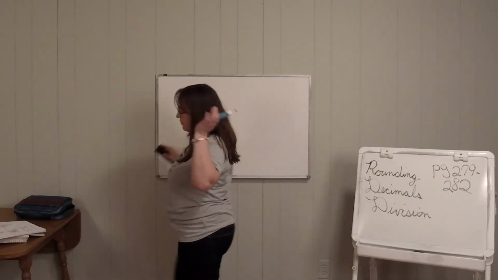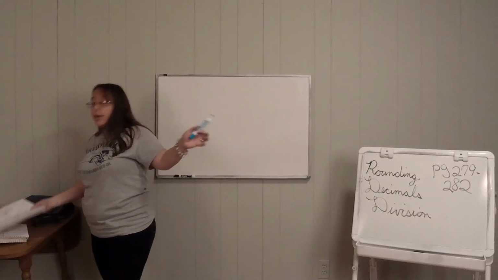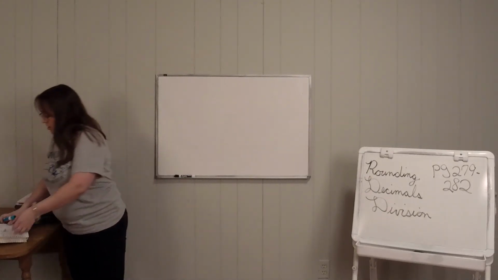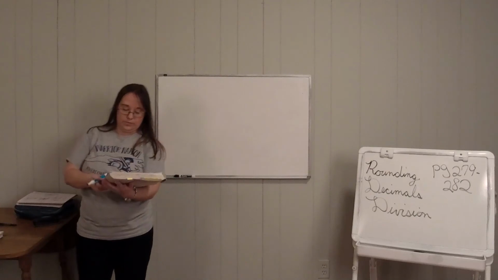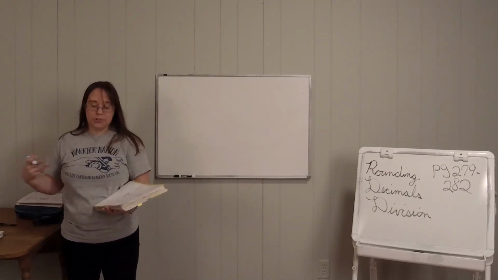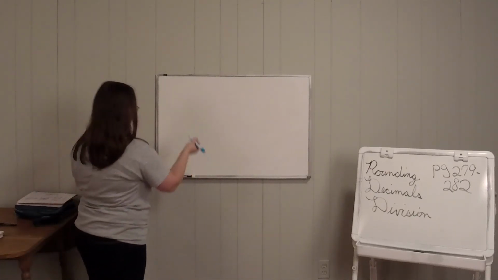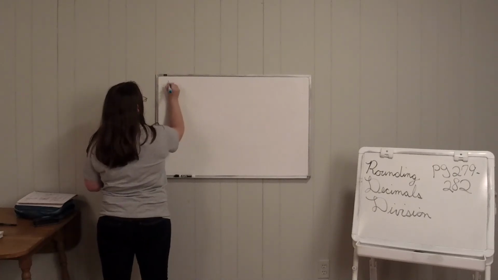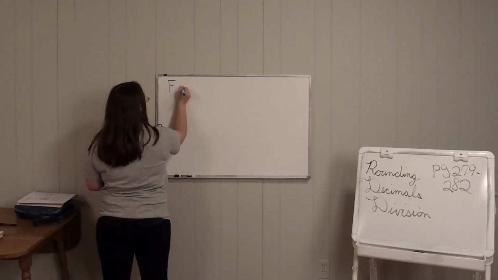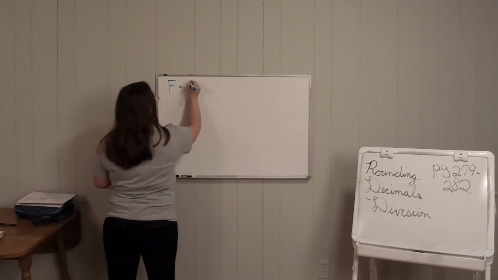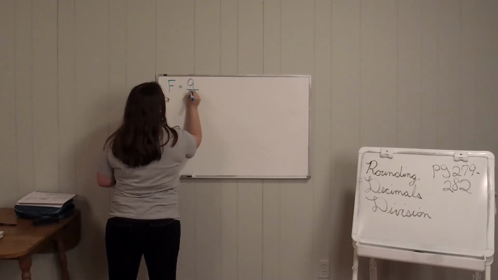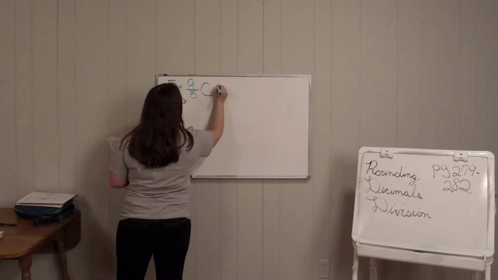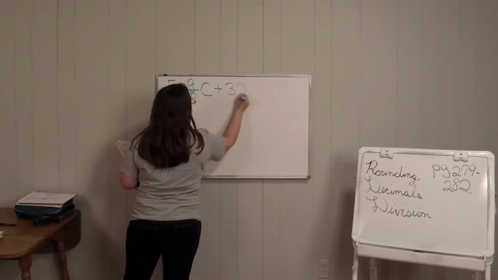Do not forget your temperature equations. Remember, if you're trying to find Fahrenheit, you're going to use this equation: 9 over 5 times C plus 32.